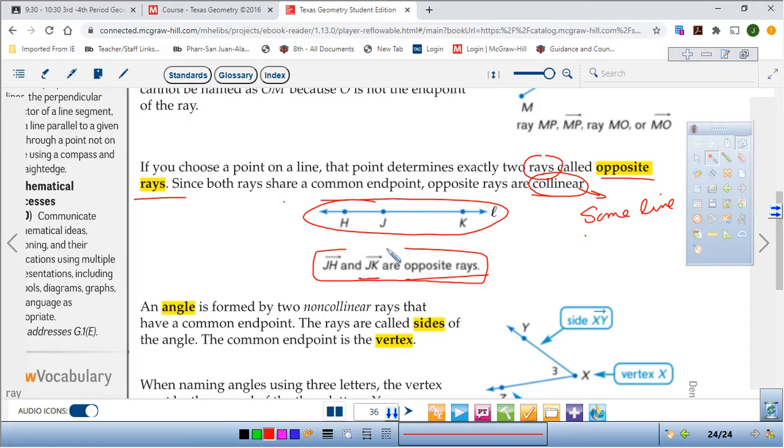Write this down, they form a straight line. Hopefully you understand that. So you got to understand that two opposite rays form a straight line.